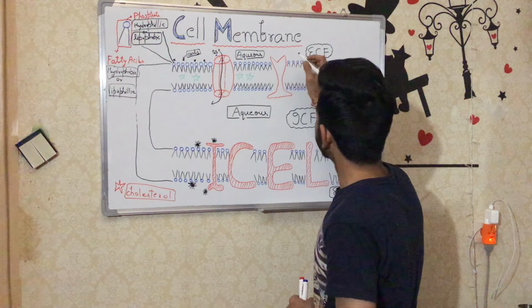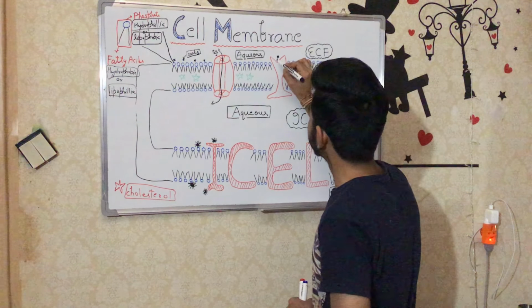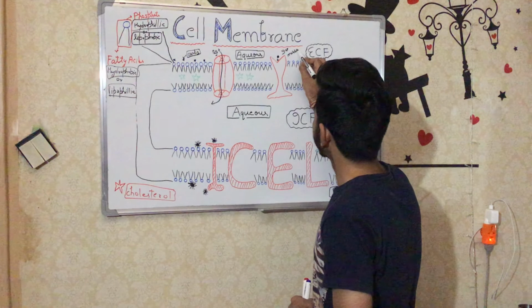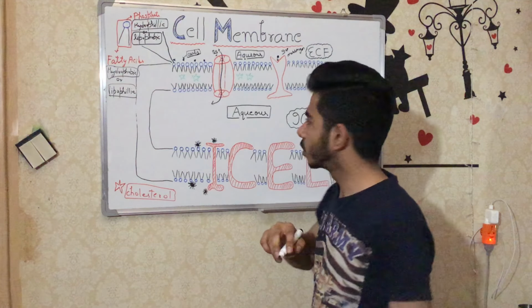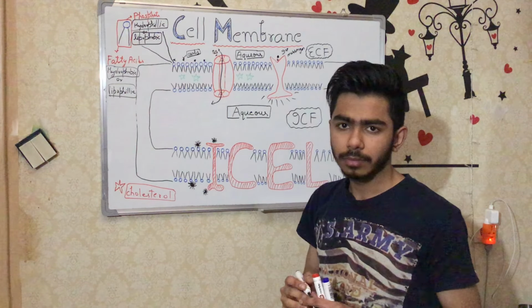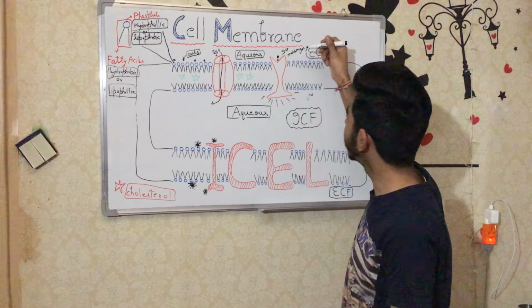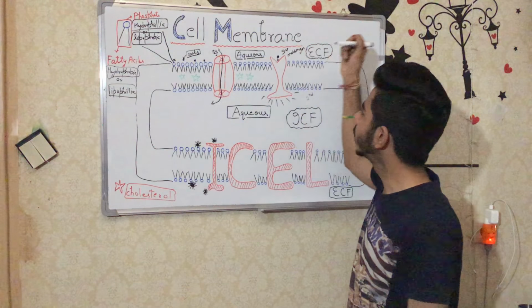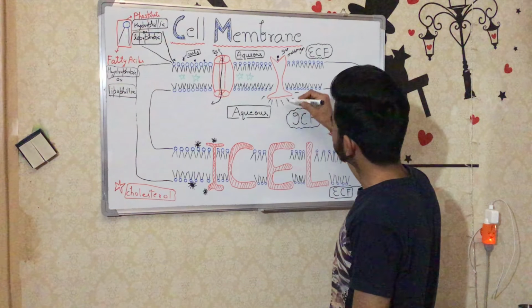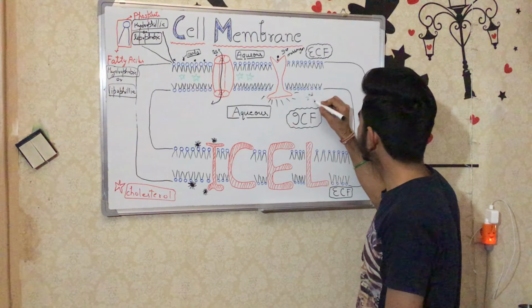Here some drug comes over here and binds here, so it generates the first messenger signal, and it will show the signal over here. As the binding of the drug or any hormone or any other neurotransmitter to this receptor generates a signal, they will generate a signal intracellularly into the cell. This is the second messenger signal.